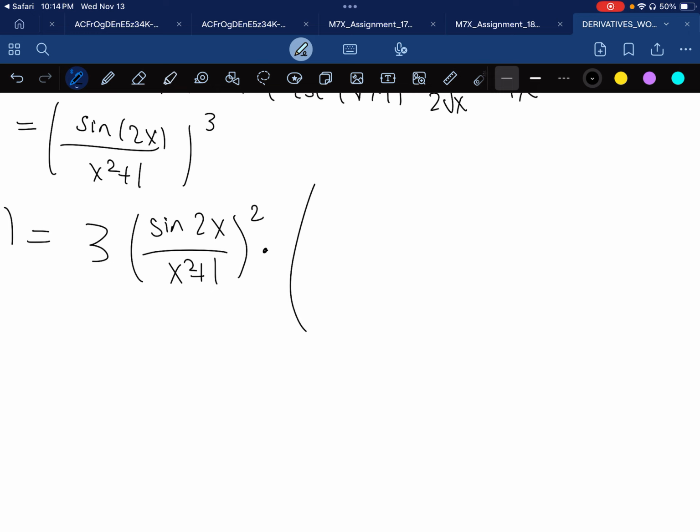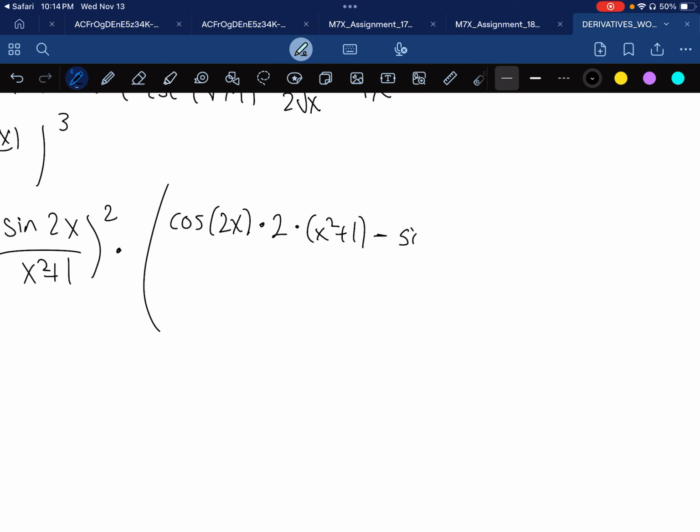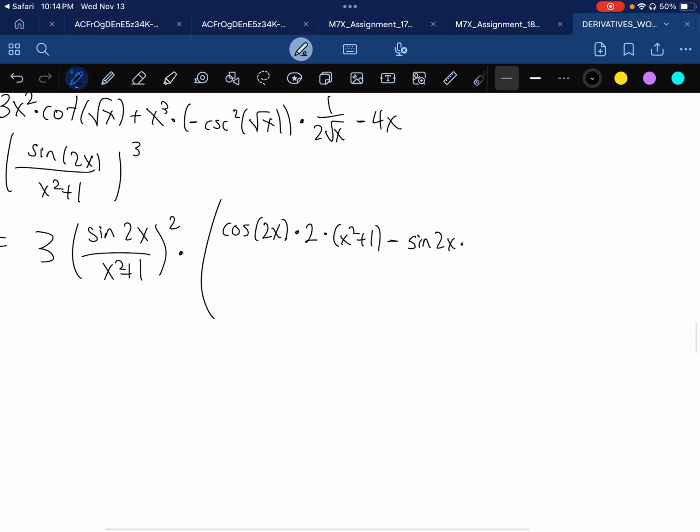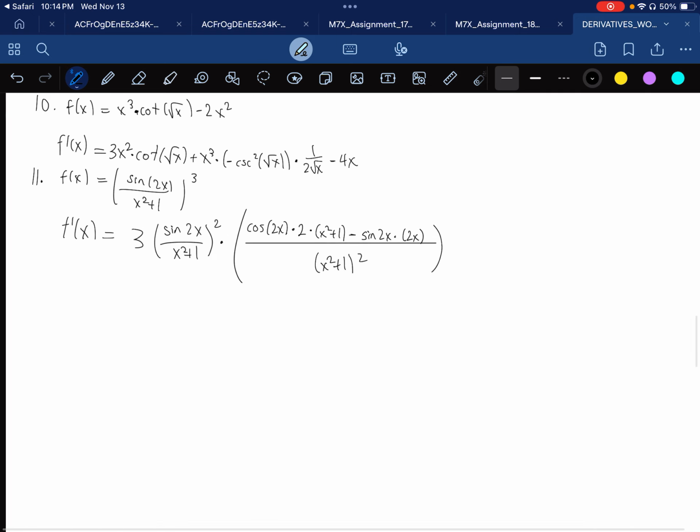Derivative of sine of 2x is cosine of 2x times the derivative of the inside, 2, and we're going to multiply by the denominator, and all of that minus our numerator times the derivative of the denominator, which is just 2x, and all of that over x squared plus 1 squared.